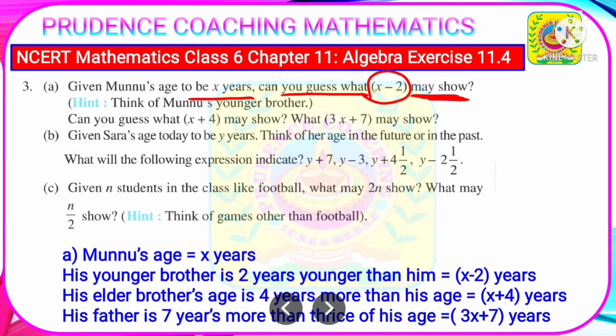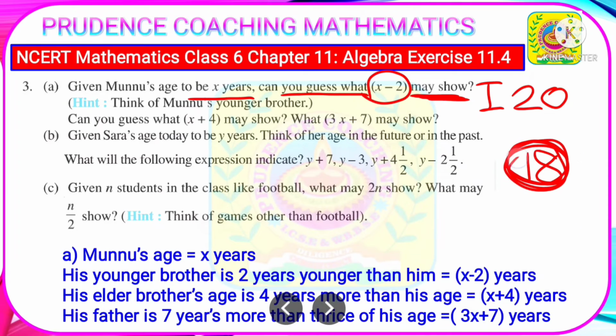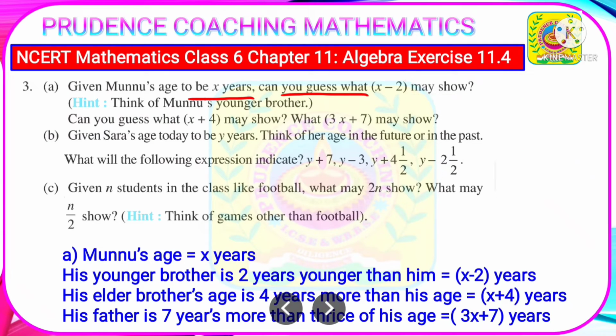For example, if I say my age is 20, what will 20 minus 2, that is 18 years, represent? That means if I am 20, this age will be of my sister or brother, someone who is younger than me. So this is the hint given to you. Think of Manu's younger brother. So if you think about Manu's younger brother, maybe 2 years less than Manu's age.